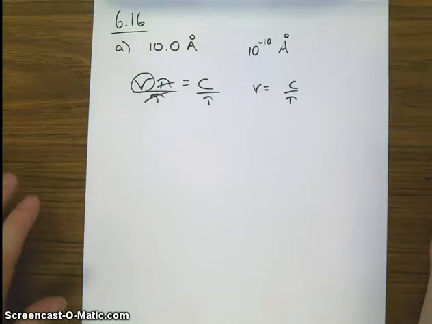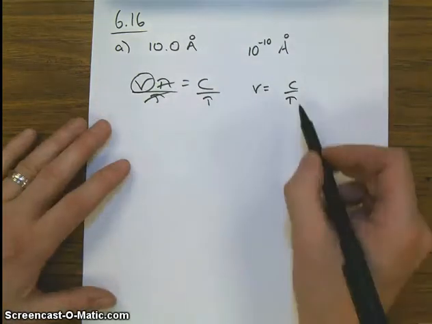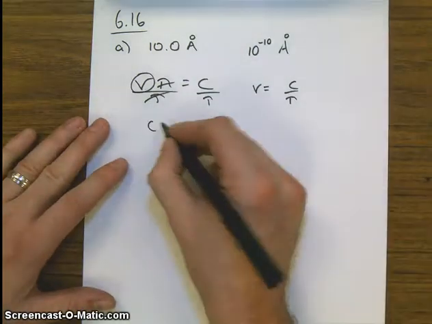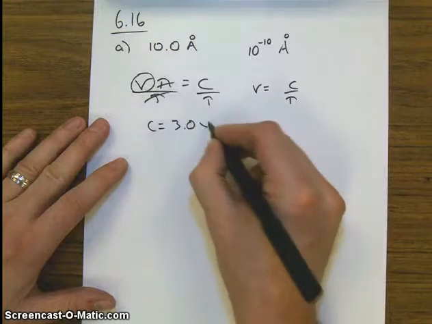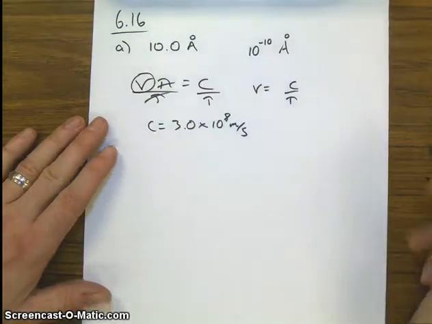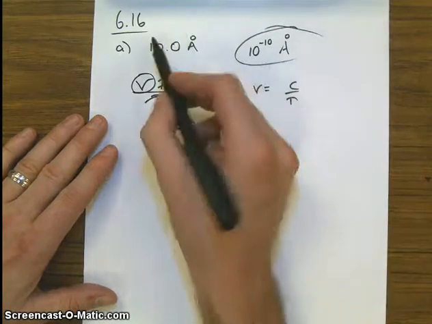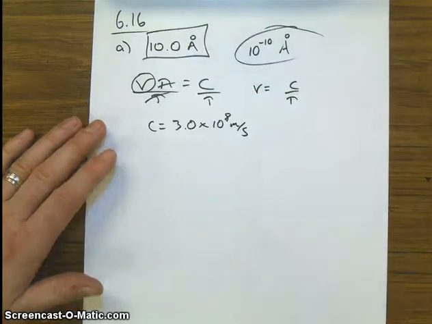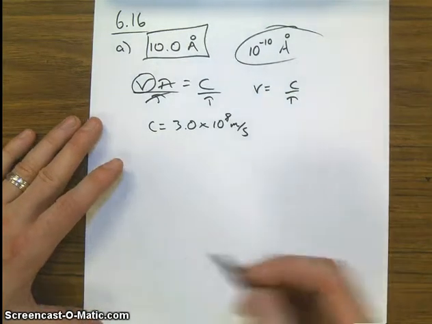When we're trying to figure that out, we have to know what C is. C for all of our problems is going to be 3 times 10 to the 8th meters per second. Since we're working with the given 10.0 angstroms, we need to convert the angstroms into meters.